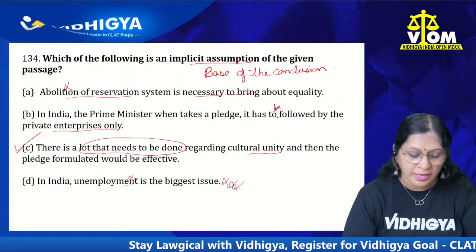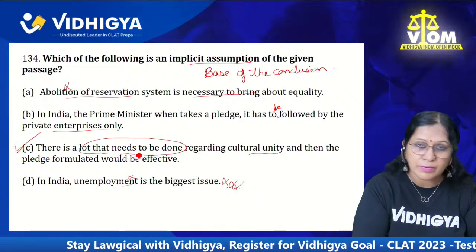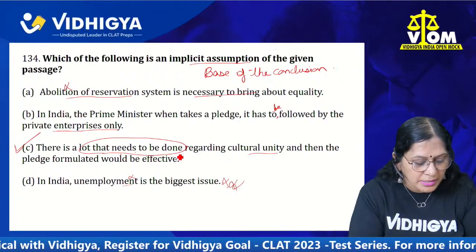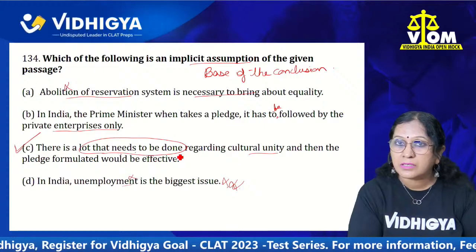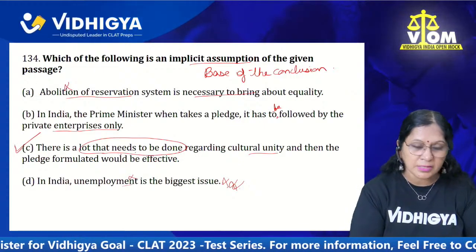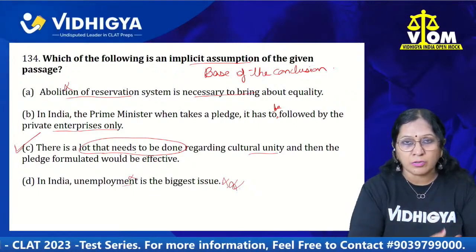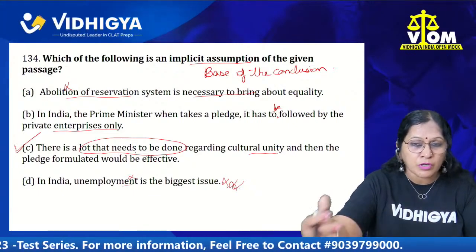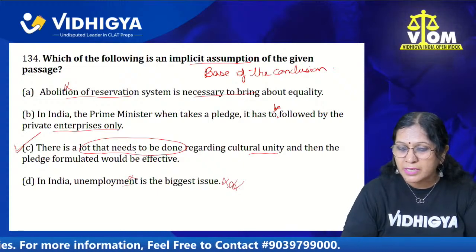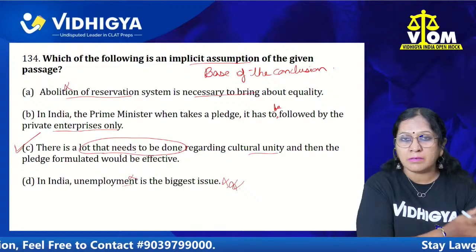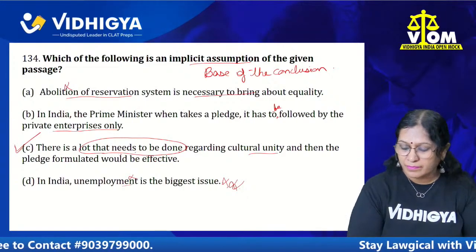If he has said that, that means this sentence, when I negate, will not be the base of that argument. Hence, this sentence becomes the answer. That this is an assumption that yes, he believes. He assumes that there's a lot to be done, and therefore he says that see, before you follow what the Prime Minister has said about those Panch Pran, there is much to be done regarding unity.